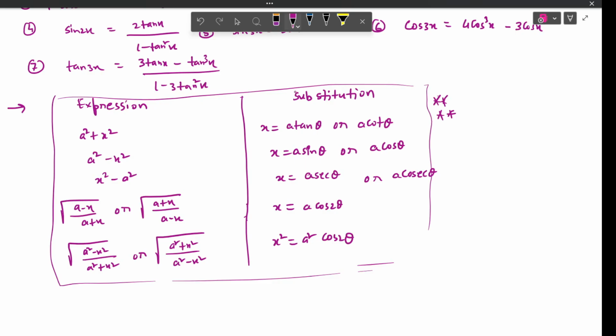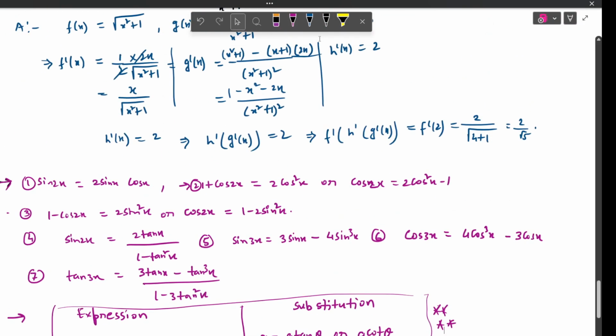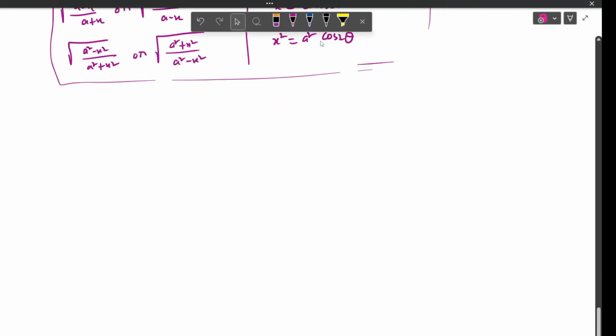Now, let's see some differentiation regarding inverse trigonometric function. This is our question number 11.